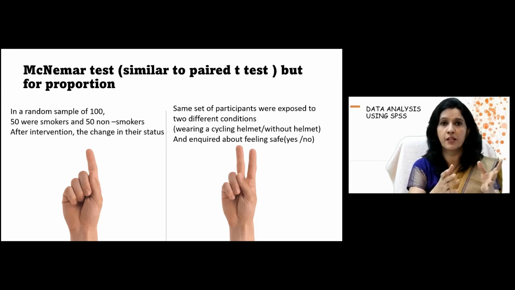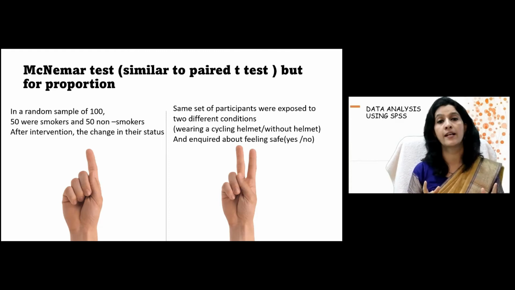If the same set of people is tested at two different time points, then we say the independence of observation is not met. But we don't want independence of observation here, because it is the same set of individuals who have been tested at two different time points or for two different conditions.